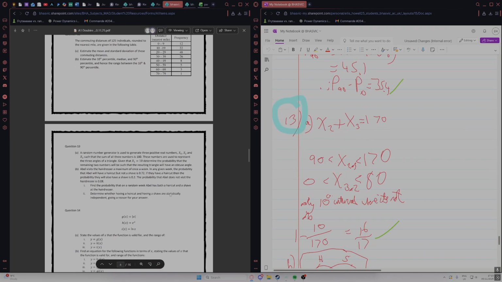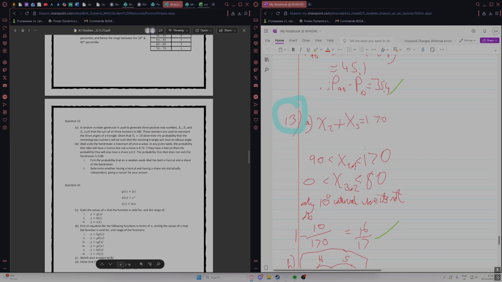Now this question was a bit weird. You can set this equation where x2 plus x3 equals 170, but you have to say for one of the angles to be obtuse, x2 or x3 has to be either from 0 to 80, because then the other one must be obtuse, or from 90 to 170, because obviously that's obtuse.